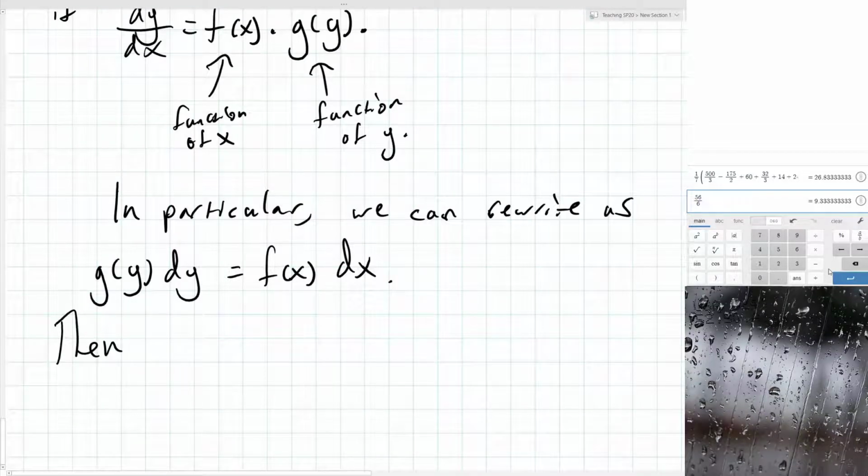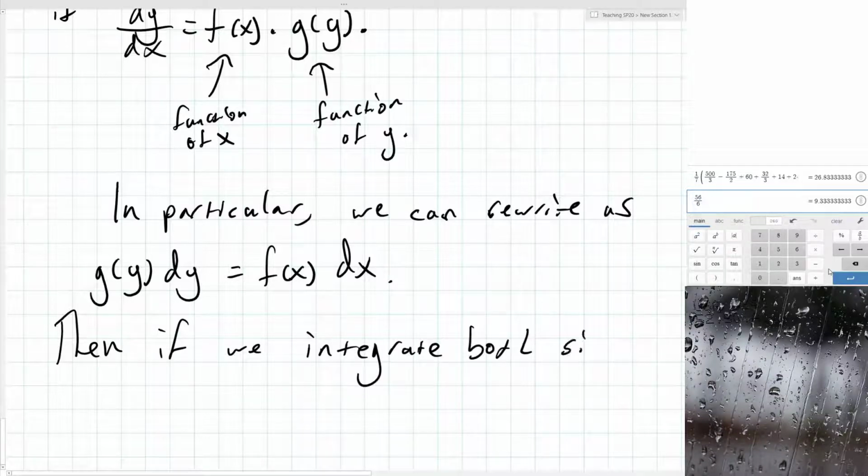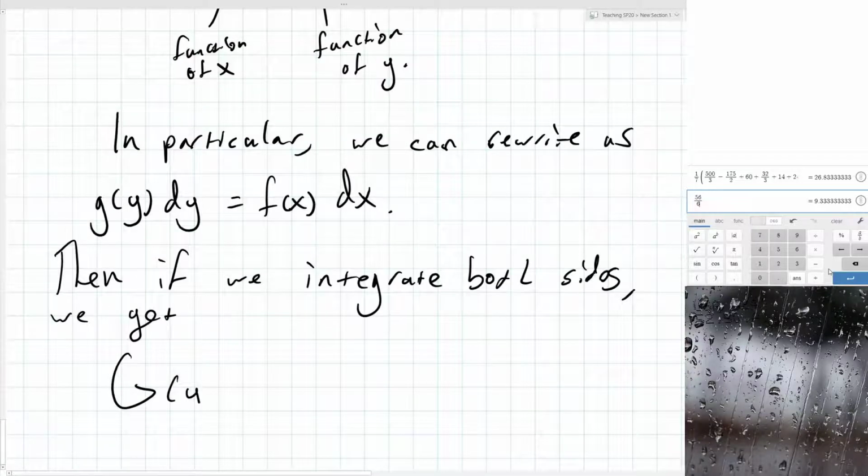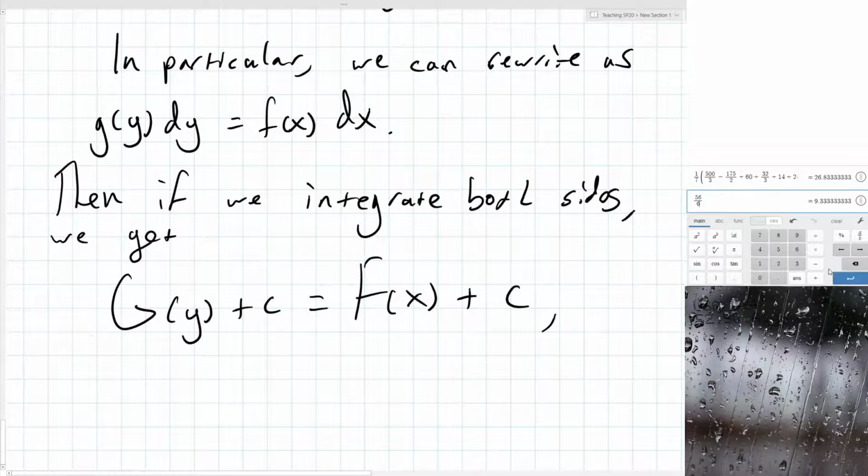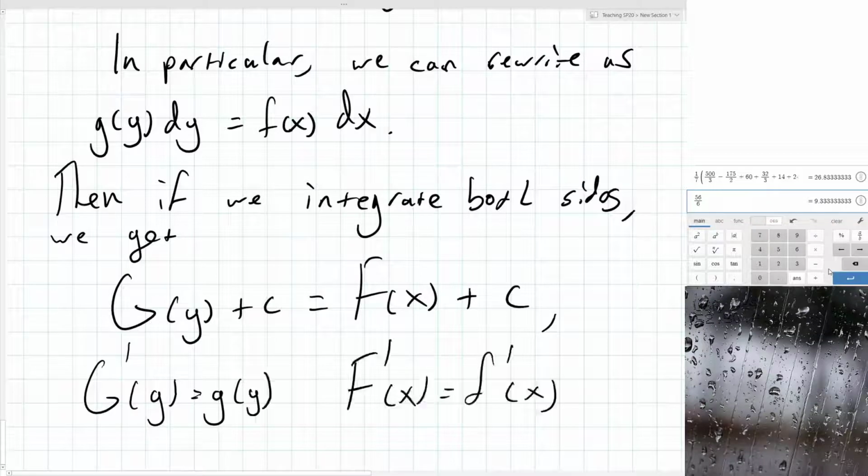Then, if we integrate both sides, we get big G of y plus a constant is equal to big F of x plus a constant, where big G prime of y is equal to little g of y, and big F prime of x is equal to little f of x.